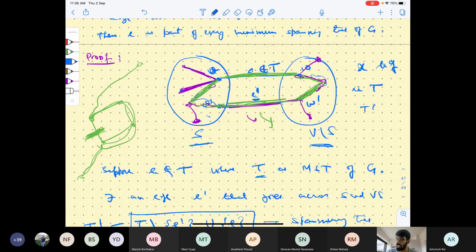The only way that path does not exist in T prime is if the path uses this edge E prime. So it goes to this vertex V prime and then uses the edge to go to W prime.